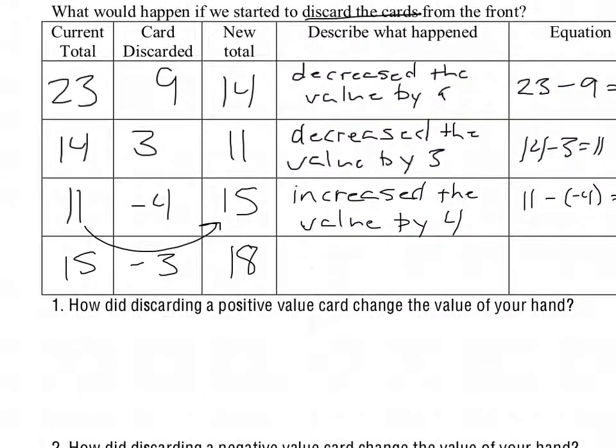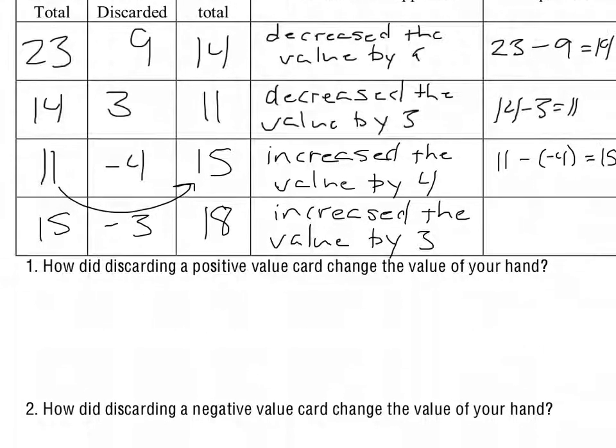So again, we see that we've increased the value by 3. Alright, so looking at this, our equation would be 15 take away a -3 is equal to 18.